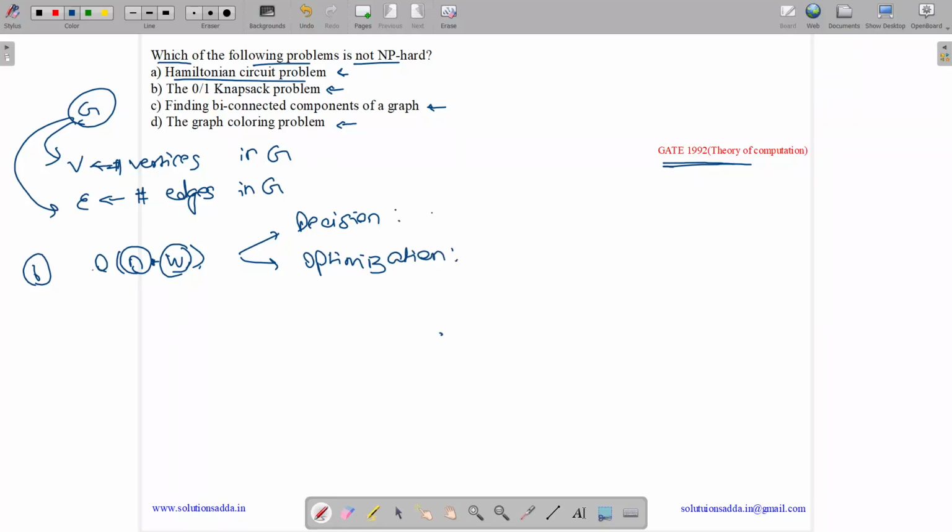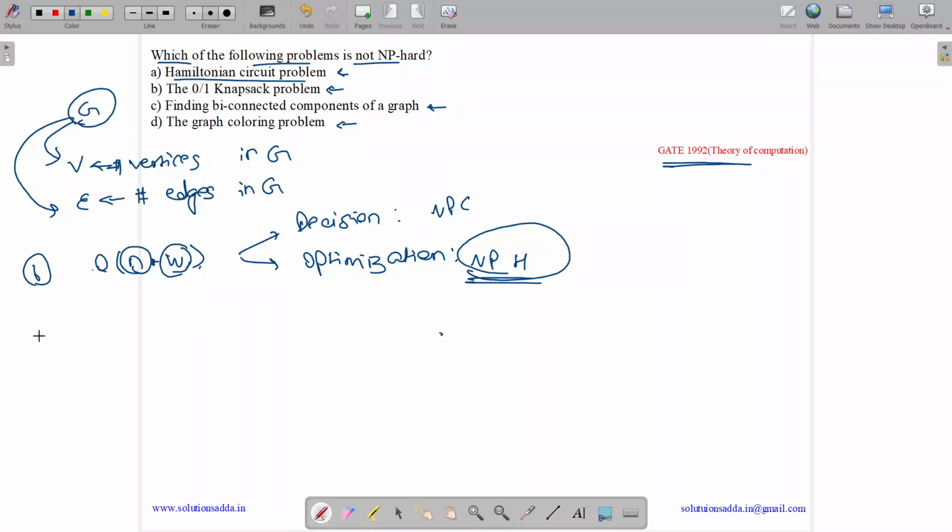The decision problem is NP-complete and the optimization problem is NP-hard. NP-hard means its resolution is at least as difficult as the decision problem, and there is no polynomial time algorithm which can tell whether a given solution is optimal or not. Thus, it is an NP-hard problem.